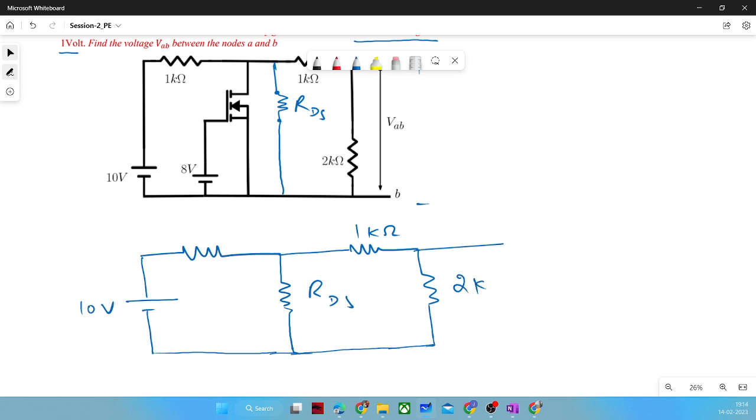Do you have any comment on this 8 volt source? Could it come into the picture of this circuit, or could we avoid it? What will happen to the 8 volt when we model the MOSFET as an RDS?